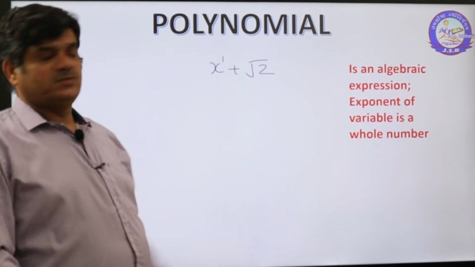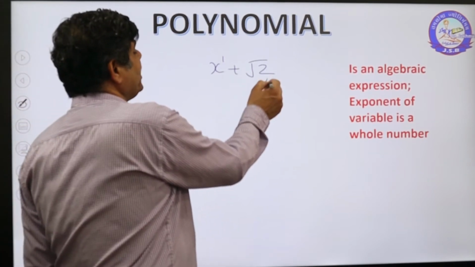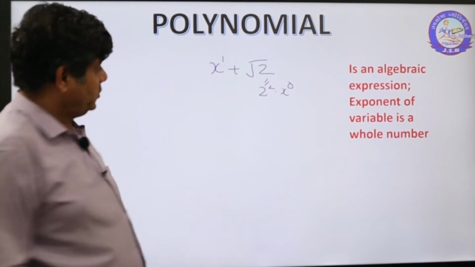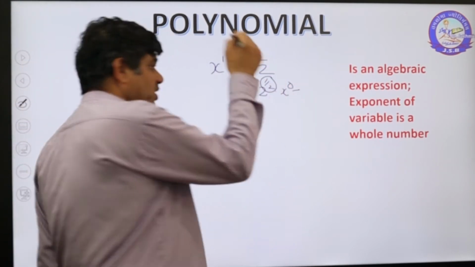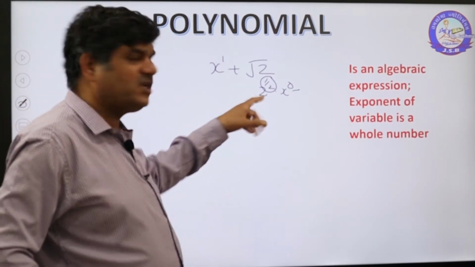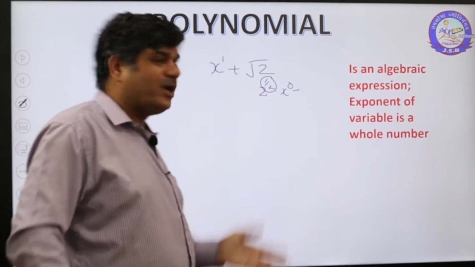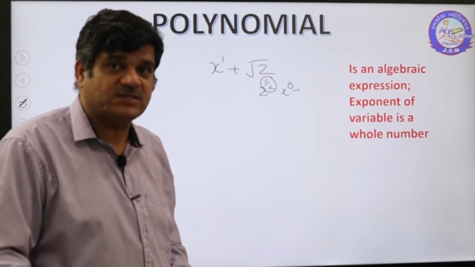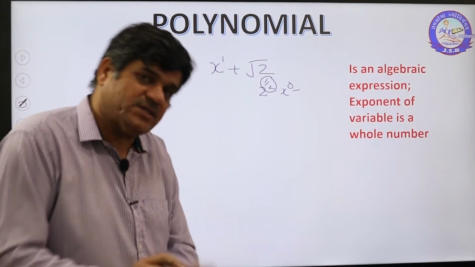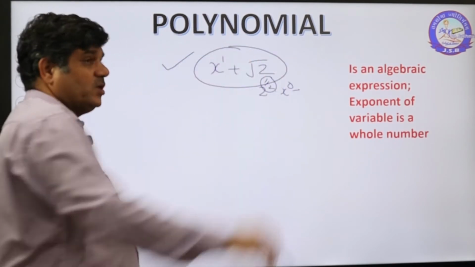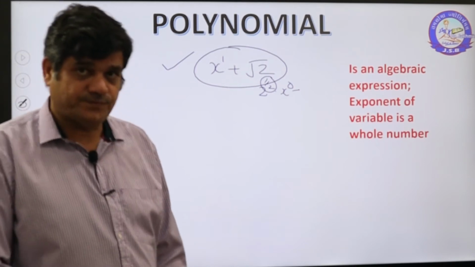Root 2, I can say it is 2 to the power half multiplied by x to the power 0. 0 is a whole number, half is not a whole number. But we are not bothered about it. 2 is not a variable. So whatever the exponent of 2 is, it doesn't matter as far as the word polynomial is concerned. So I will say yes, it is also a polynomial.